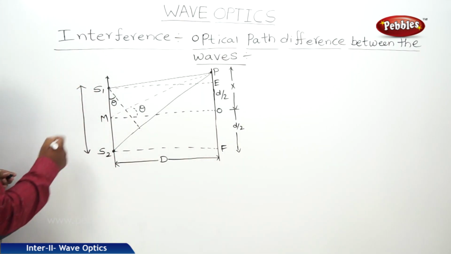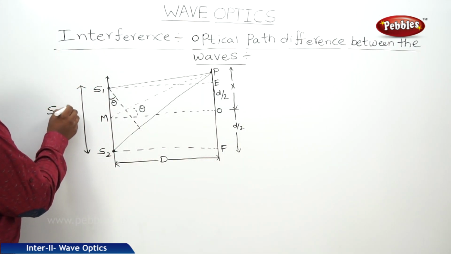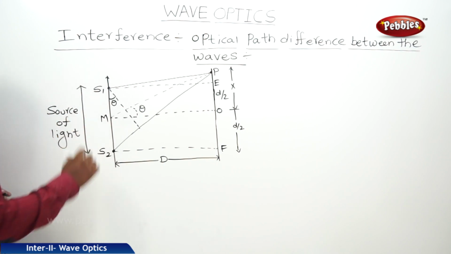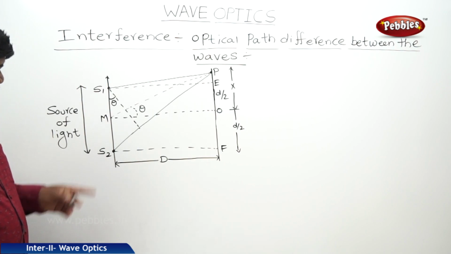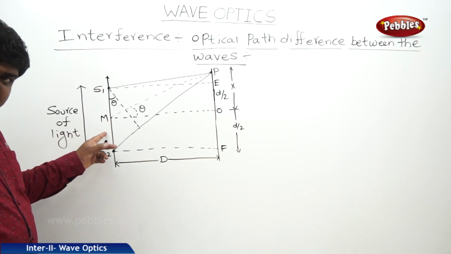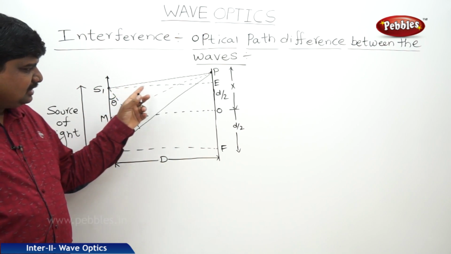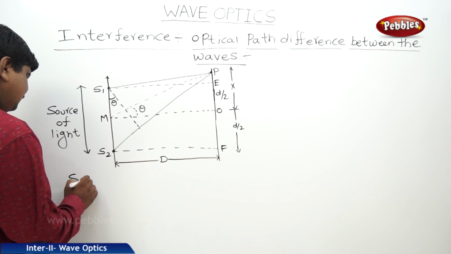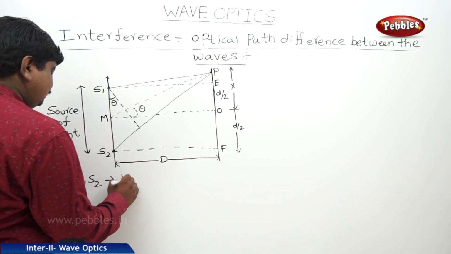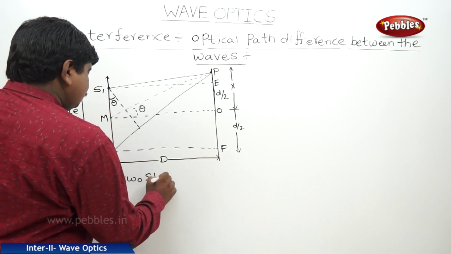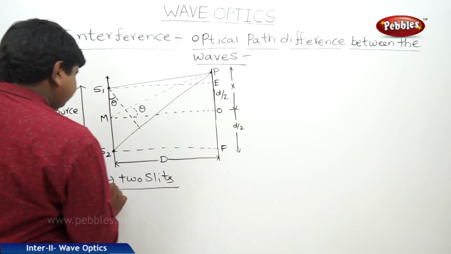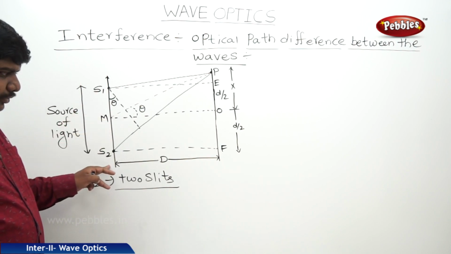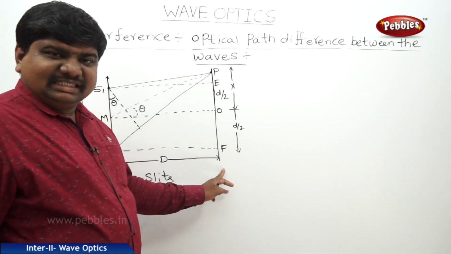So whenever a source of light is here, it emits light, and this light will pass through, or split at, the slits S1 and S2. So we can say that S1, S2 are two slits. The screen is here.